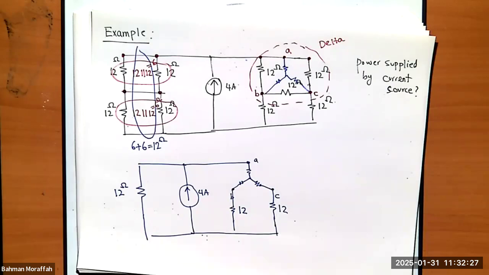Why? Because if you look at the delta circuit, the resistors are all equal. So if I go from delta to Y, what is the value of the Y? It's 1/3 of it. If I don't remember that, I can always go back to the formula: look at the adjacent ones, multiply them out, and divide by the whole sum.